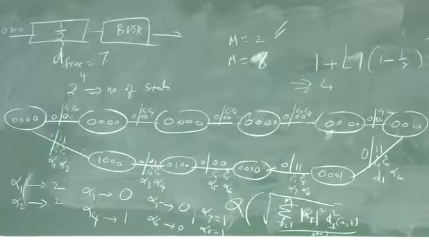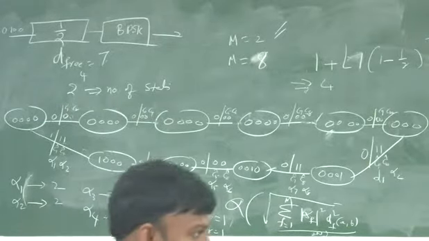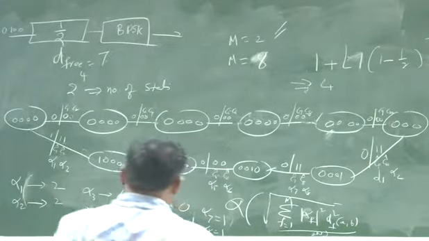This is one possibility. You start with alpha 3, alpha 4, alpha 1, alpha 2, alpha 5, alpha 6, alpha 1, alpha 2. It works. Because the error can start at any point.